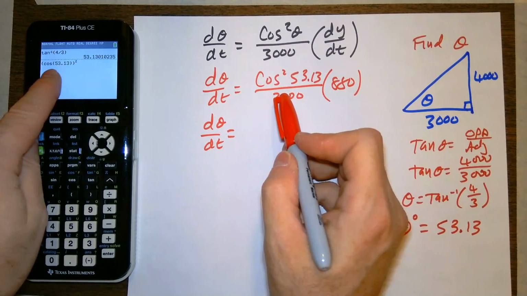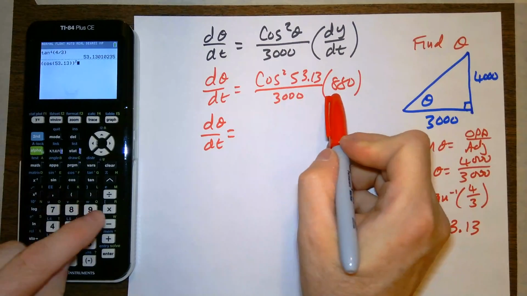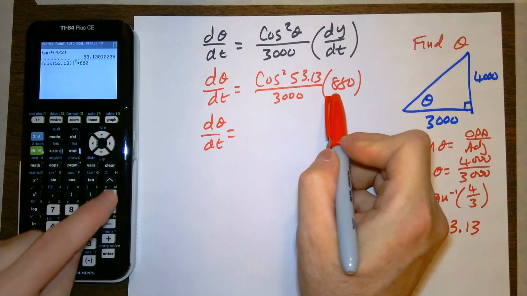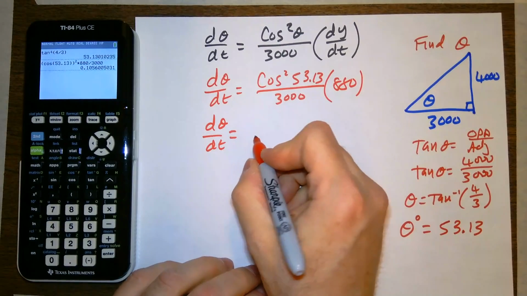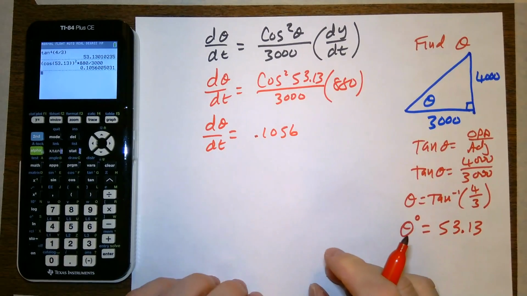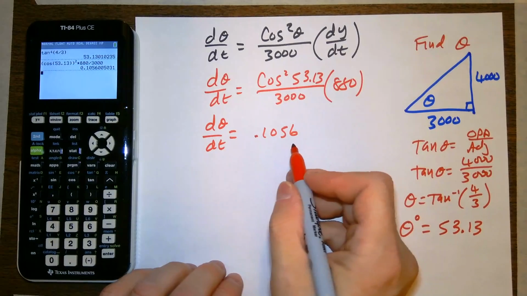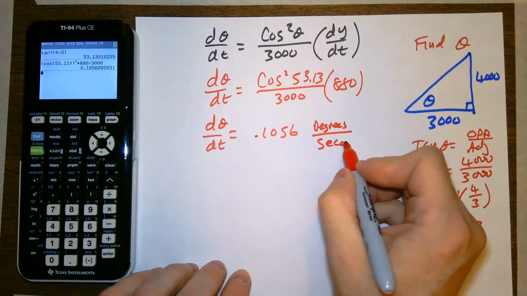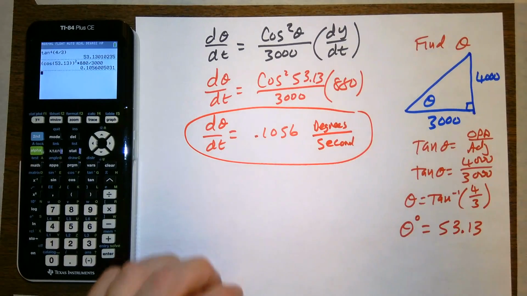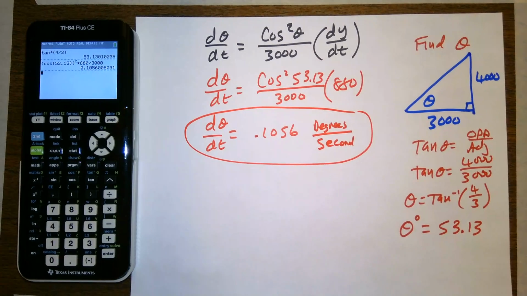So now I'm going to do the cosine of that squared, times 880 divided by 3,000, equals, and I get 0.1056. What's the unit associated with this? Degrees per second. So the angle is changing at the rate of 0.1056 degrees per second, so the camera can keep up with the rocket up there.